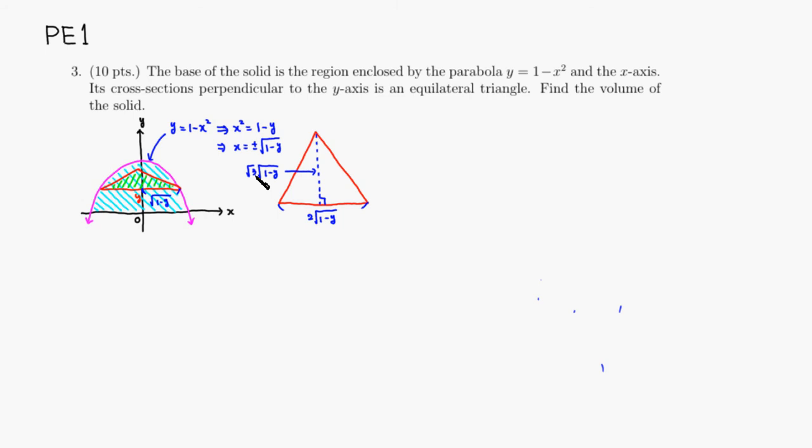Then if you want to find the area function, I would call it A of y. This is a triangle, so you have 1/2 times base. The base is 2 square root of 1 minus y, times height.